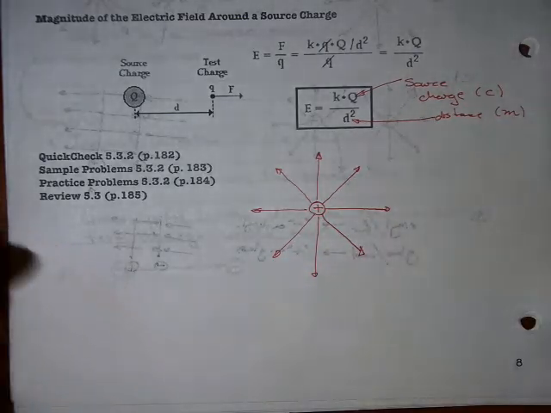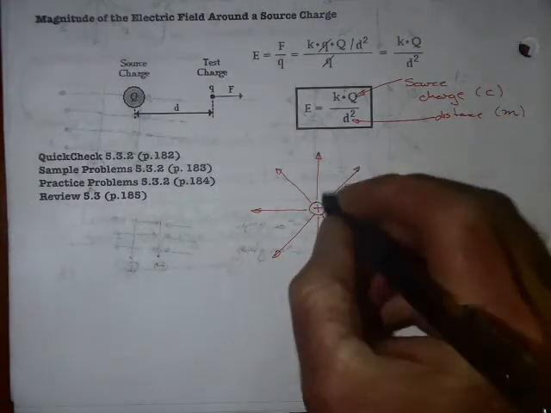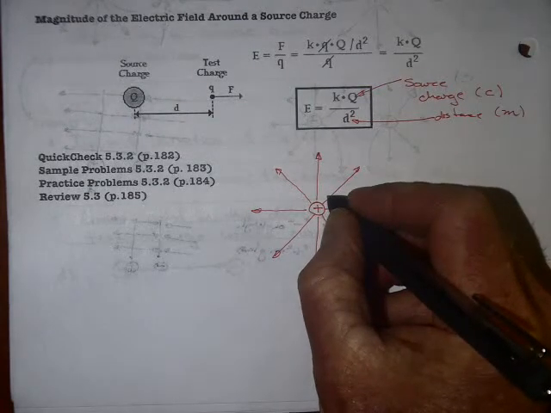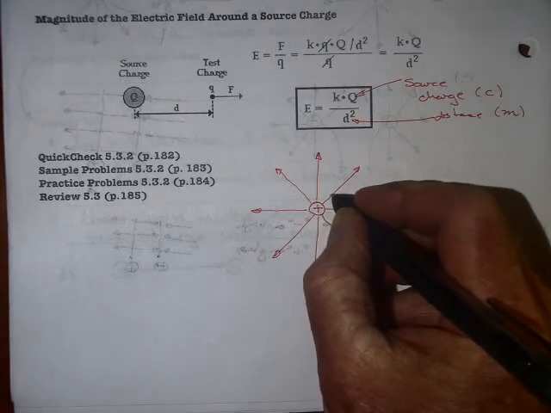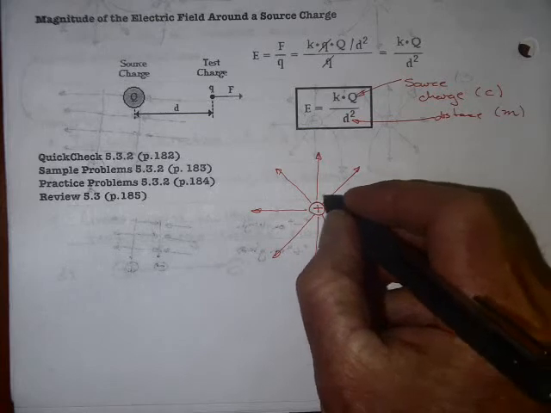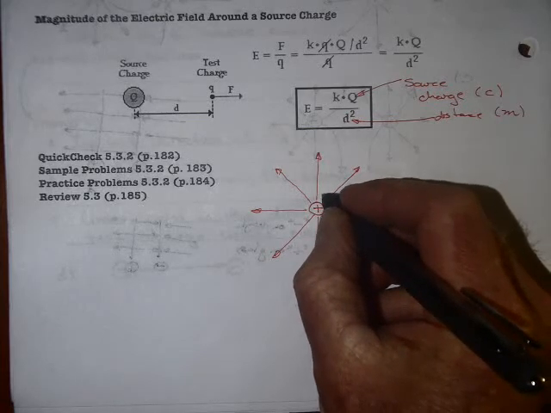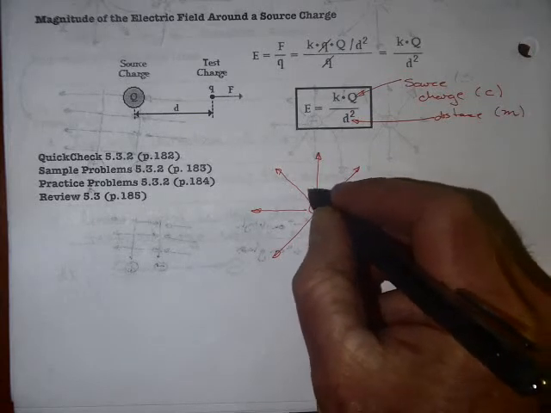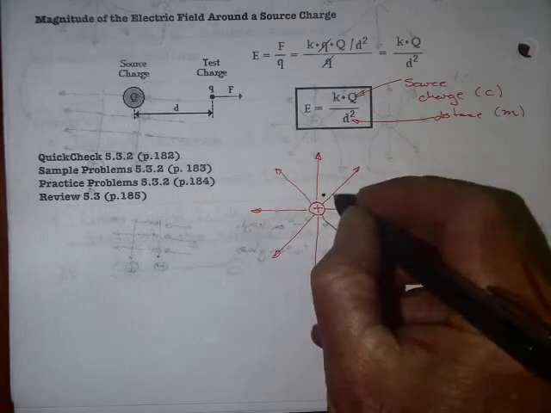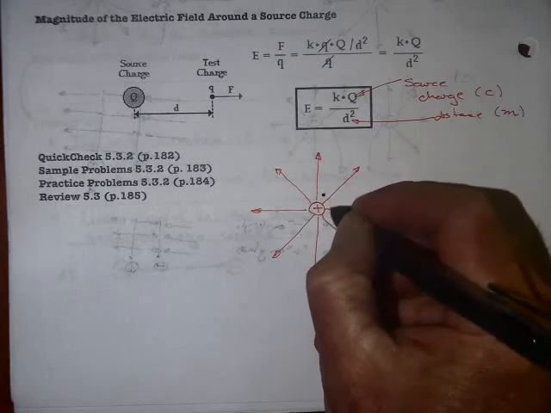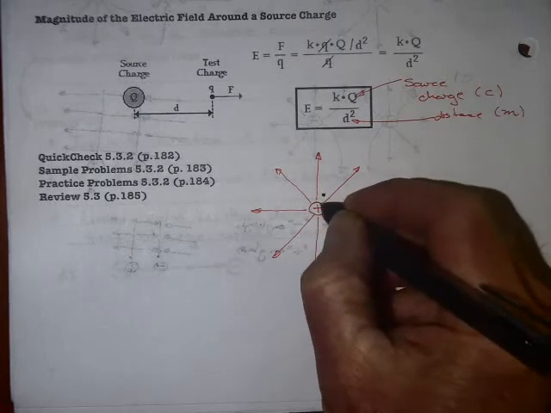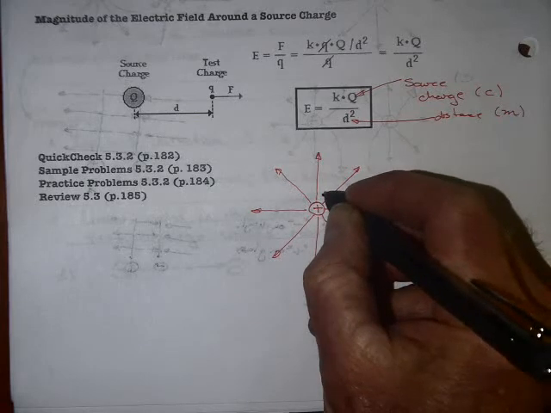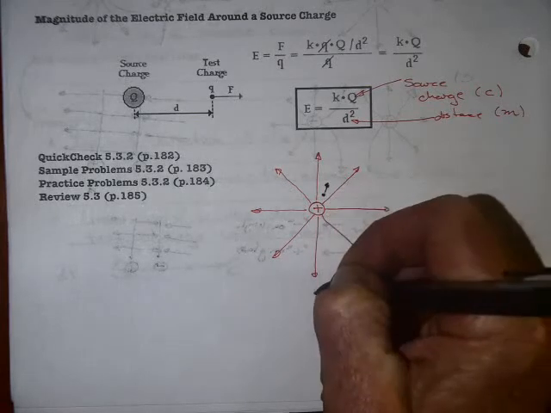So intuitively, if I put a test charge here, close to the source, because this distance is small, and the force arrows are close together, this is going to have a stronger repulsive force.